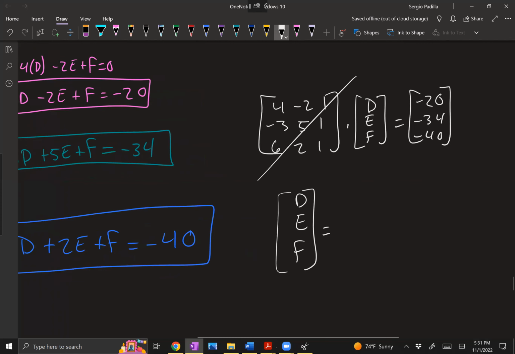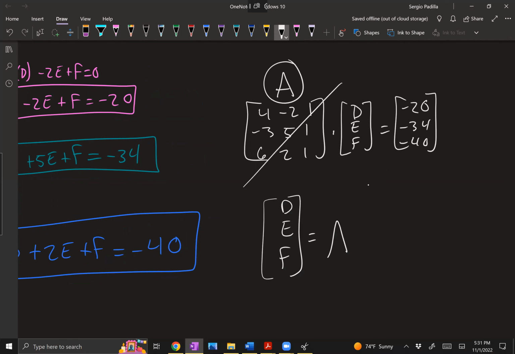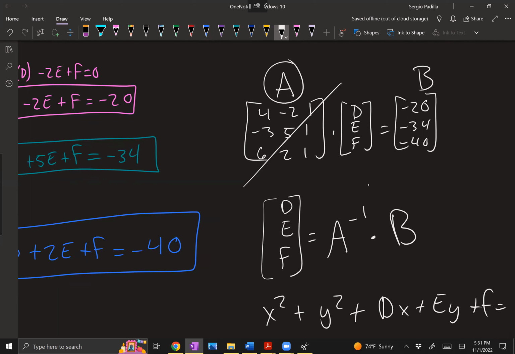Find A inverse, which I'm going to write like this. Call this A in the matrix calculator, and make this one B in the matrix calculator. Then all you have to do is type in A inverse times B to get the answer. And then you can write out your equation: x squared plus y squared plus dx plus ey plus f equals 0, once you figure out what D, E, and F are by using that matrix conversion.